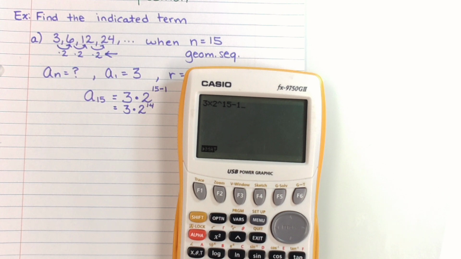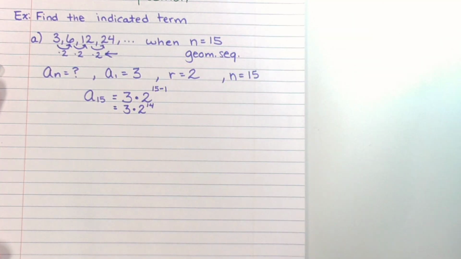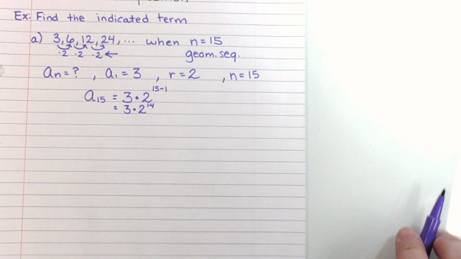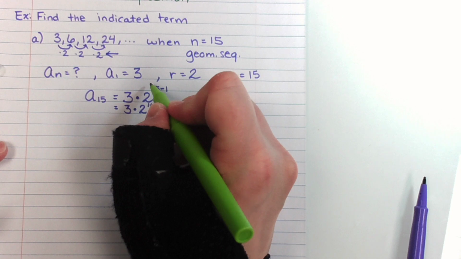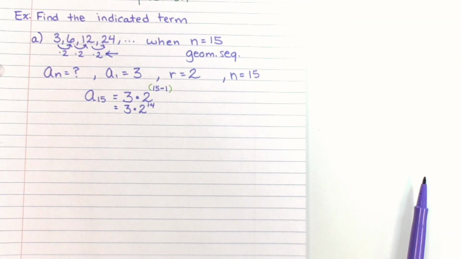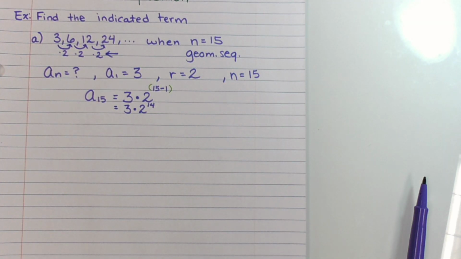So if you're going to type it all into your calculator, you either need to put this piece in parentheses, or how hard is it to just subtract 1 from a number? Not hard. I just subtract the 1.